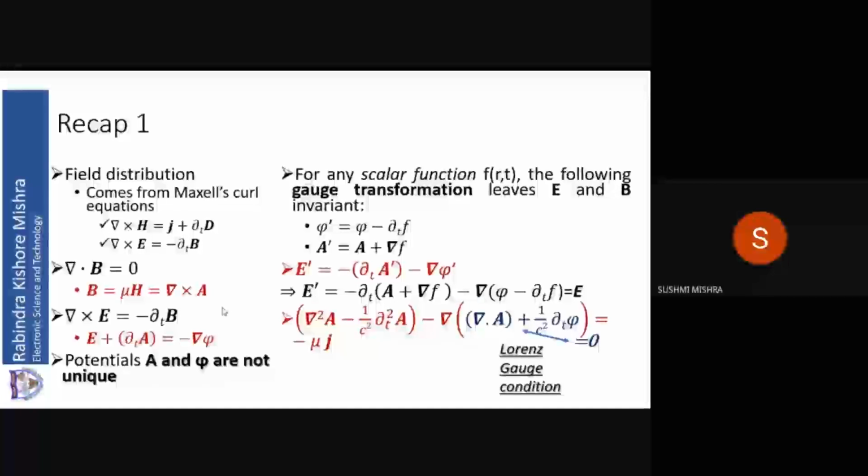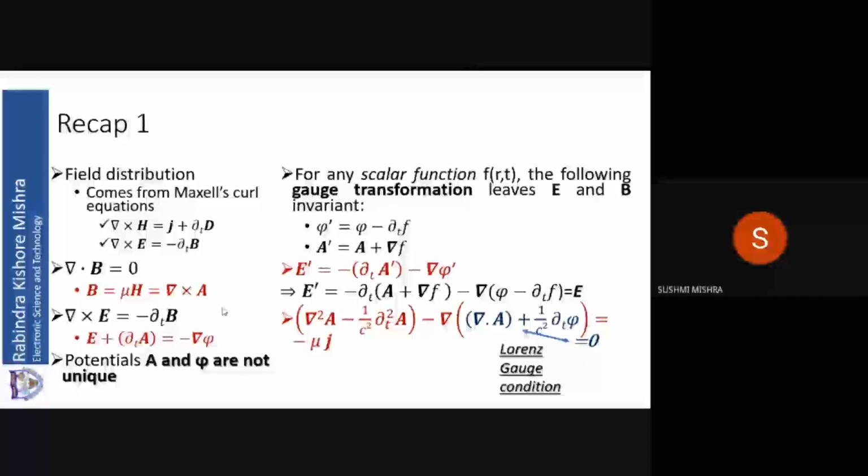So using that equation, using A for B is equal to curl of A, or B is equal to mu H, from which we found H is equal to 1 upon mu curl of A. We used that in H for finding out curl of H.